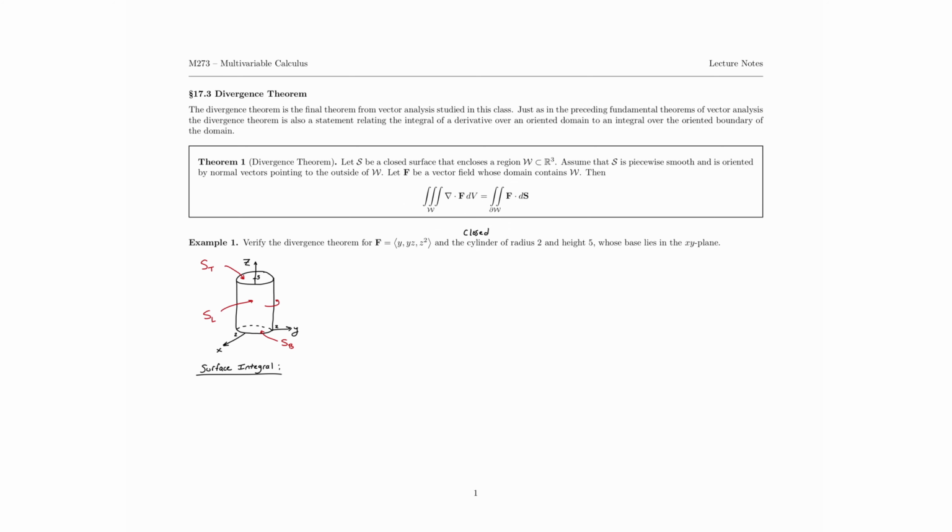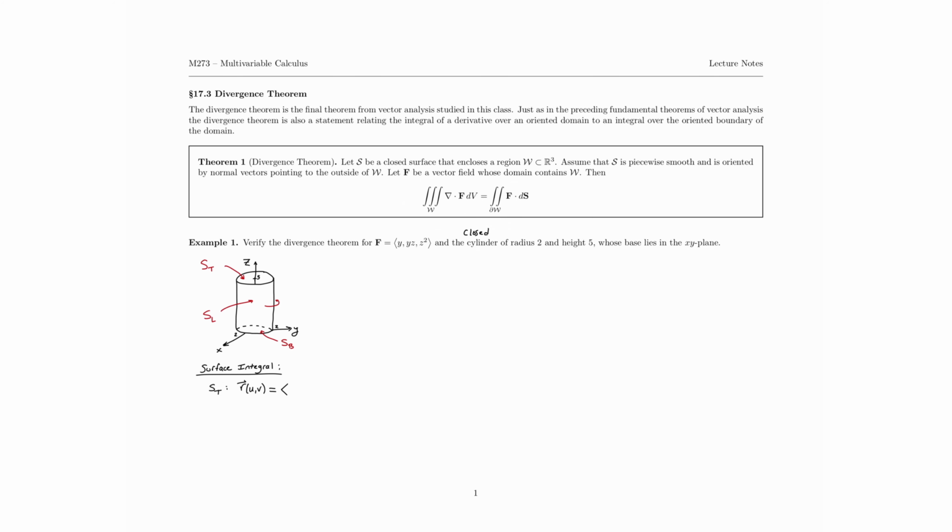So for the top, we can parameterize this by r(u,v). Since there's definitely circular symmetry going on here, while we could parameterize this without using polar ideas, like sine and cosine, it's definitely in our best interest to do so.